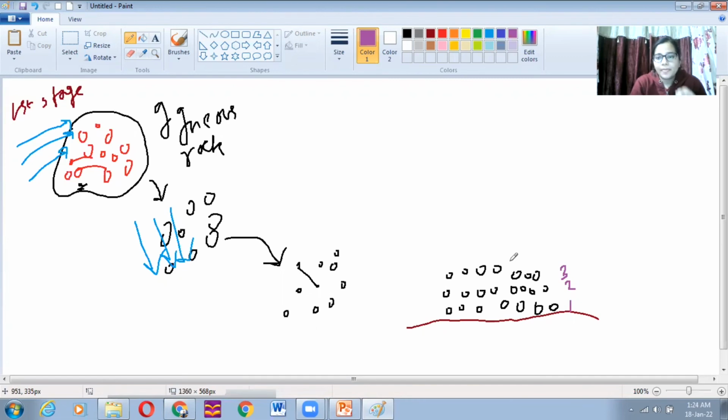Now what is happening? अभी ये देखो, are the sediments very close to one another?